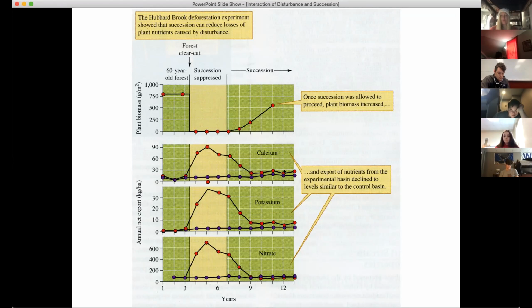So you can see that even in this first year, which wouldn't have had a ton of regrowth anyway, that first year led to a big export of nutrients out of the ecosystem.